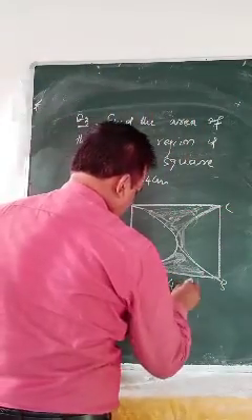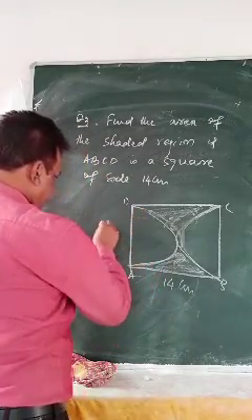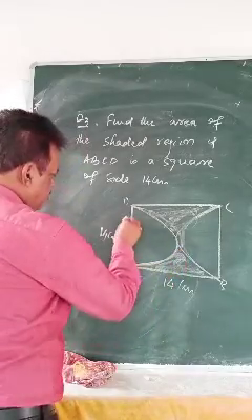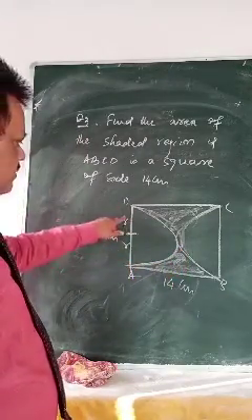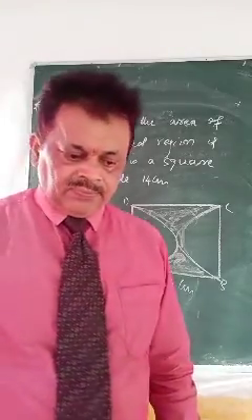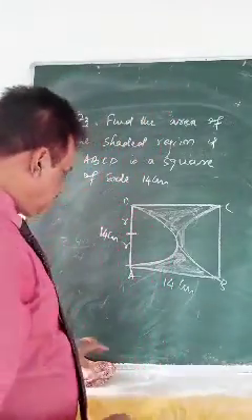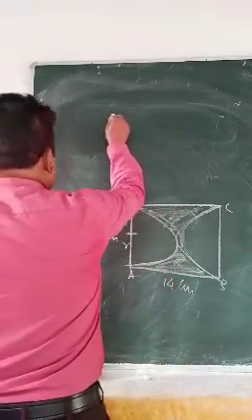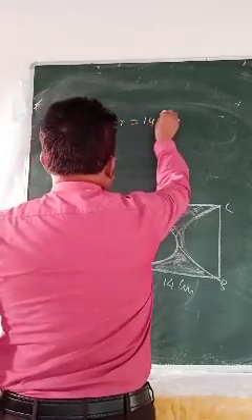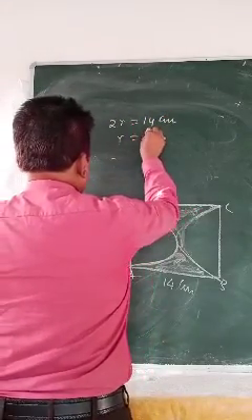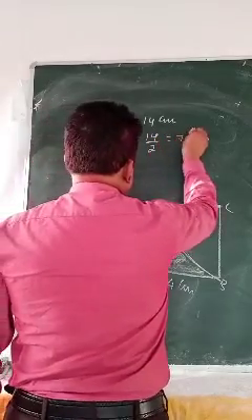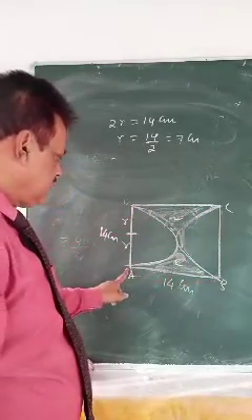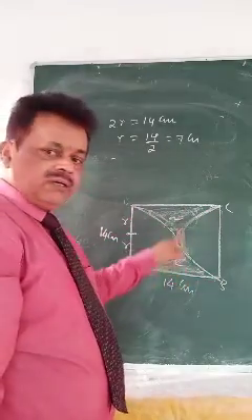If this is 14, this is also 14. 14 means this semicircle's diameter, so 2R is 14, R is 7. So how to find the area of this shaded part? Area of the square minus area of two semicircles, then this part will come out.